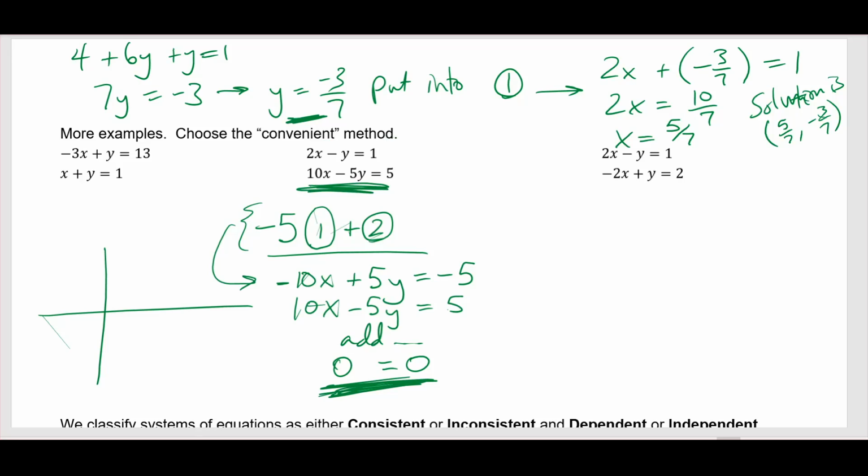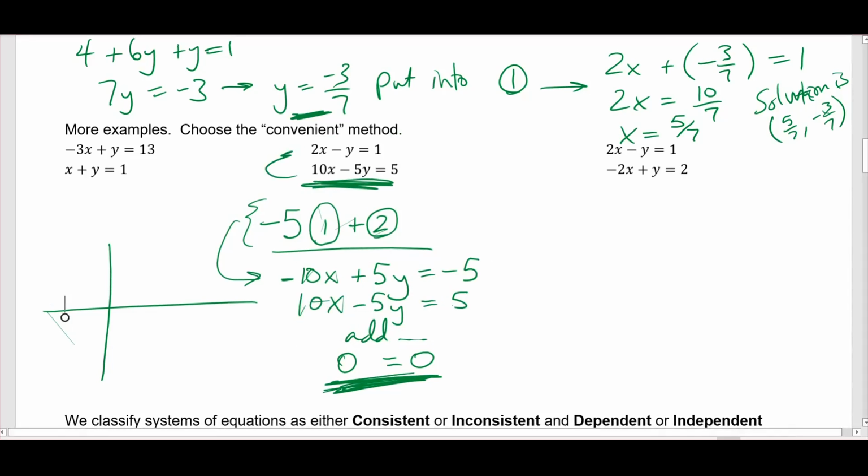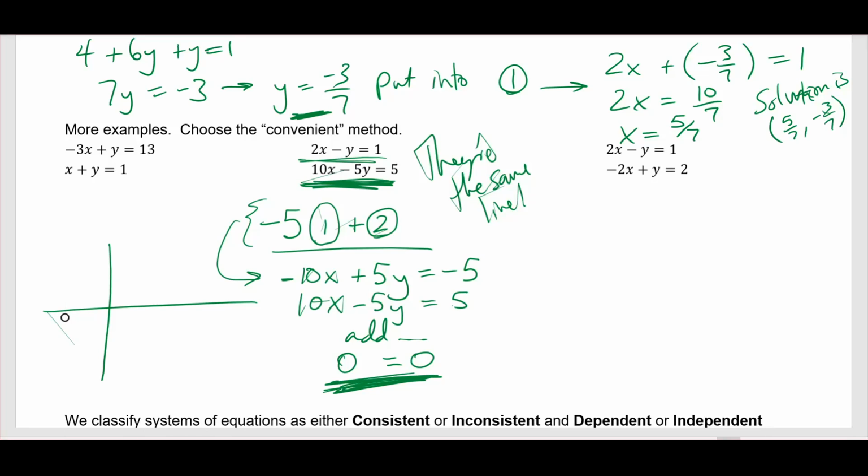Divide both sides by 5. And isn't that the same as this? Well, what happened here is that if we draw this line and draw that line, they're the same line, right? They're the same line. So yeah, if that happens, we've got infinitely many solutions.